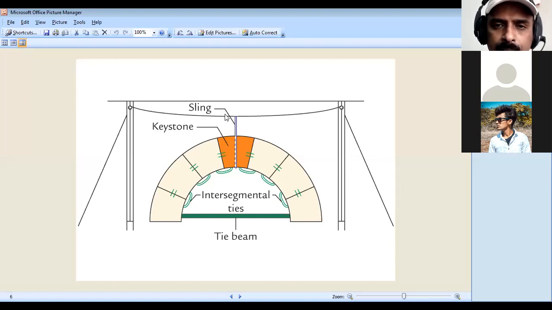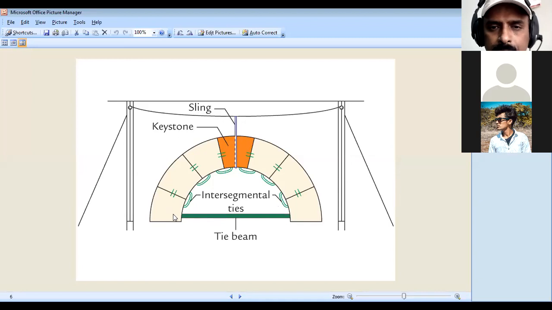The uppermost top part is hanged by what we call slings. The muscle tendons will act like a sling. Keystones will be the bones, the tarsal bones, and each of the bones are connected by intersegmental ties and one-to-one connection from one end to the other end by beams, the tie beams.